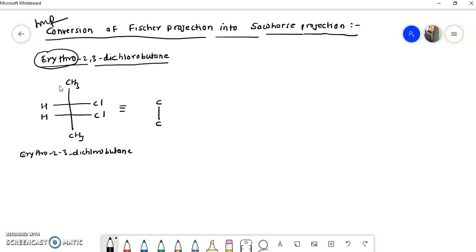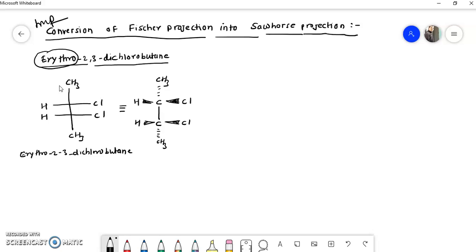We will represent the methyl groups on the rear side because they are below the plane, and the chlorine groups on the upper side because they are on horizontal lines, above the plane. Both hydrogens as well as both chlorine atoms are above the plane, and both methyl groups are below the plane.